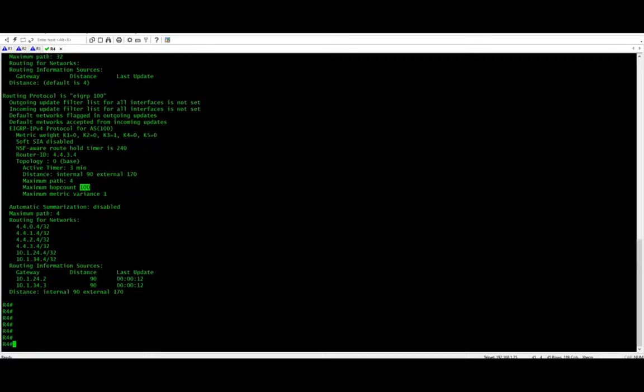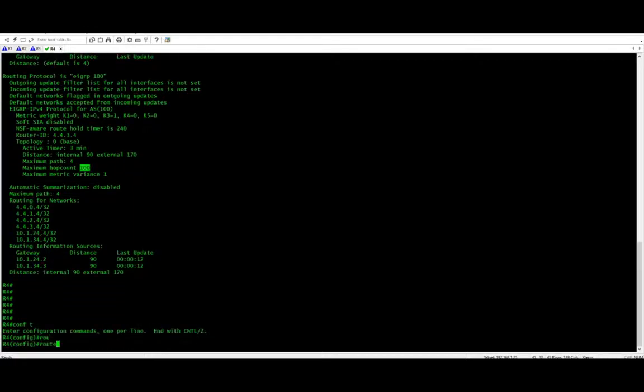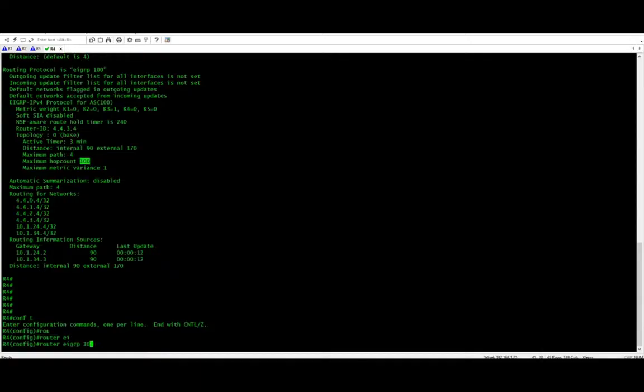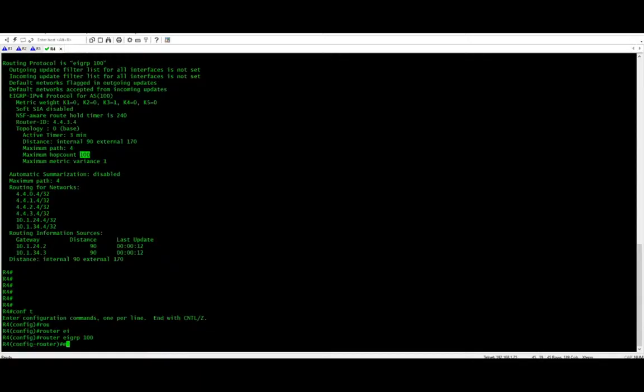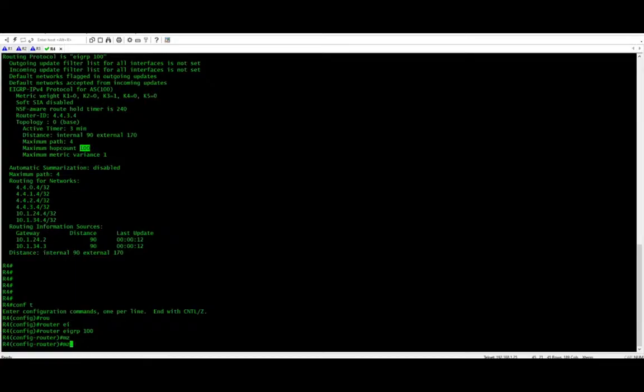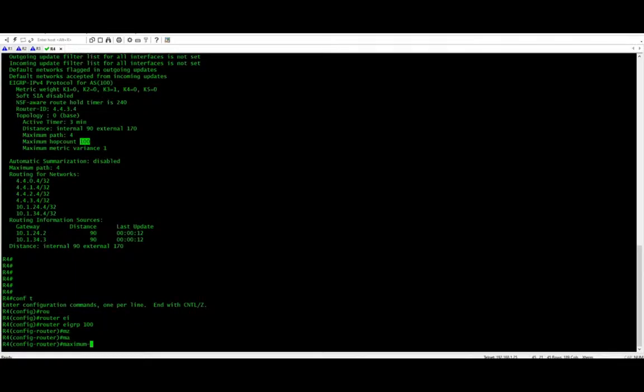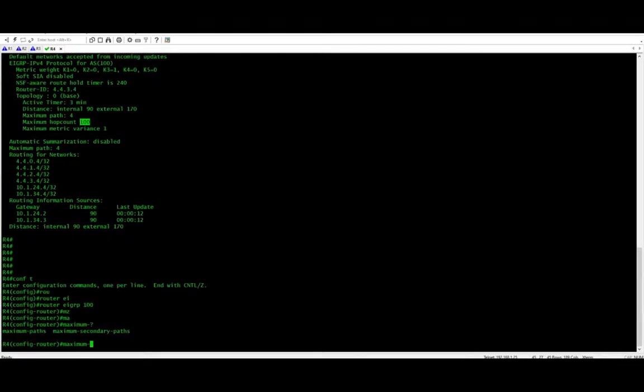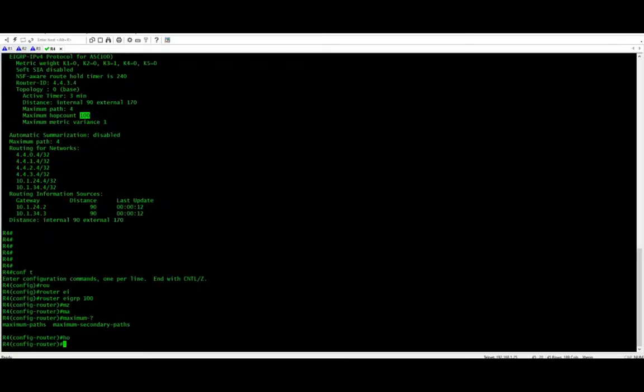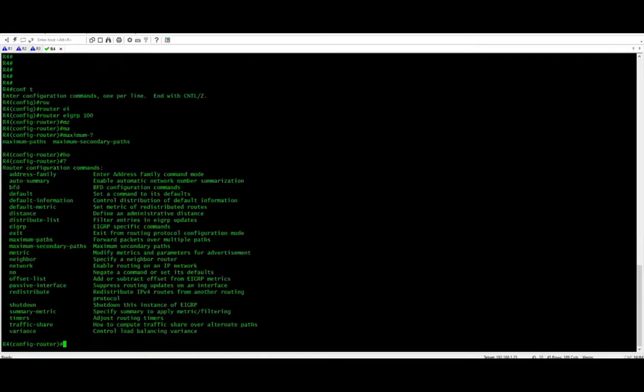You can change the maximum hop count also. I think there is a command for EIGRP. I need to check the command. It's not here, but you can change the offset.